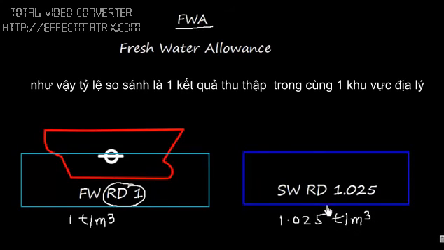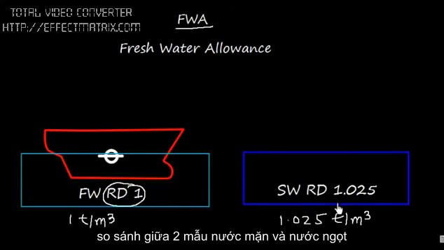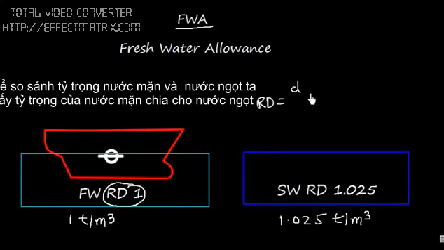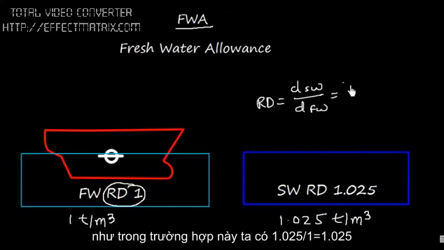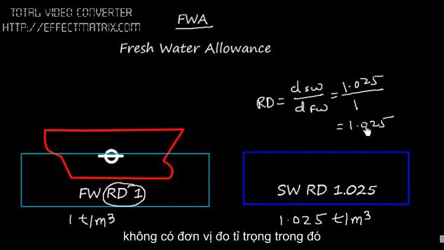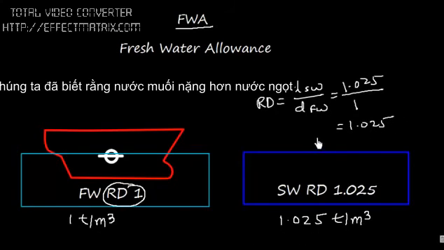The relative density is the ratio of the density of a substance to the density of fresh water. So in the case of salt water, the relative density will be the density of salt water divided by the density of fresh water. In this case it is 1.025 divided by 1, or simply 1.025. Relative density doesn't have any unit.